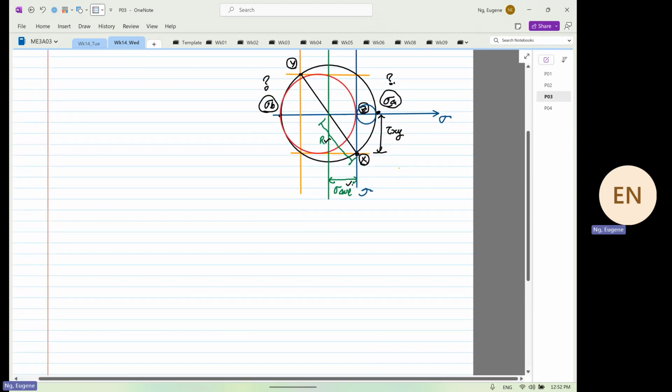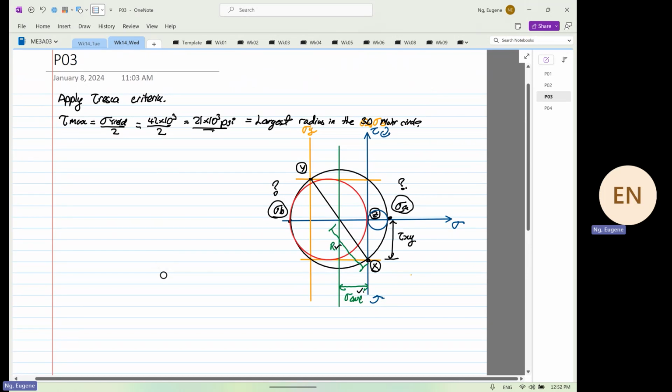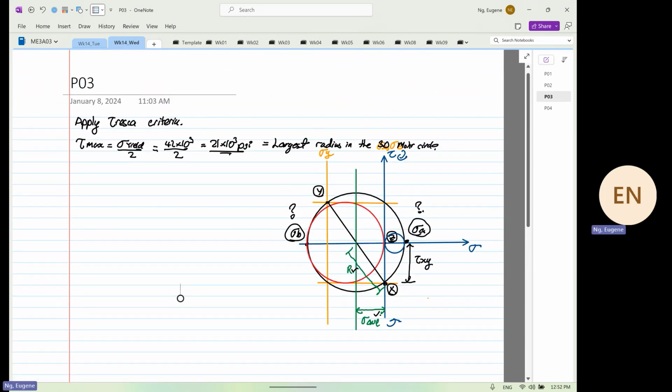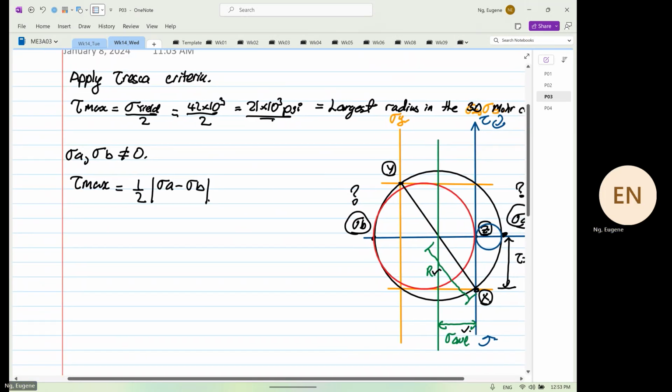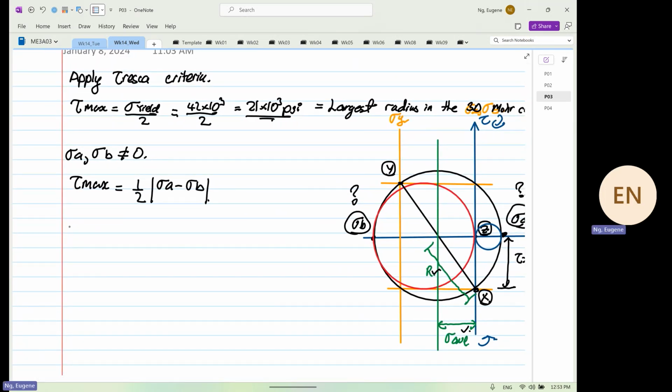So the 3D Mohr circle is always the same. And for this case, what we know is that stress A and stress B are not equal to 0. So if that's the case, we can apply tau max equal to half the absolute value of stress A minus stress B. So now we are going to look at what stress A minus stress B is.